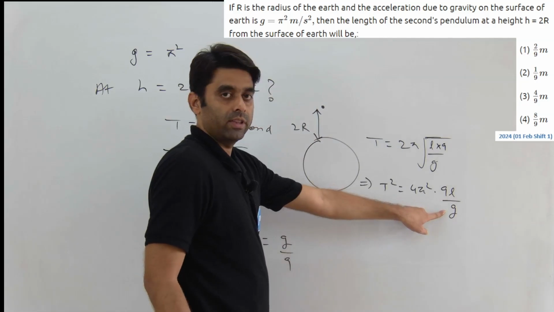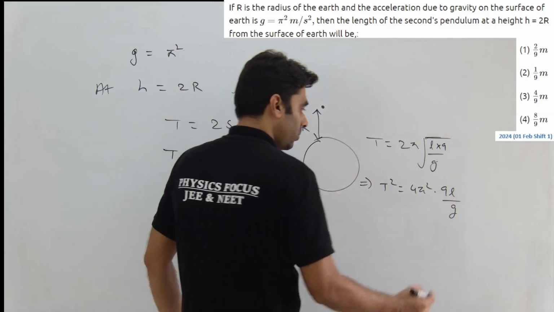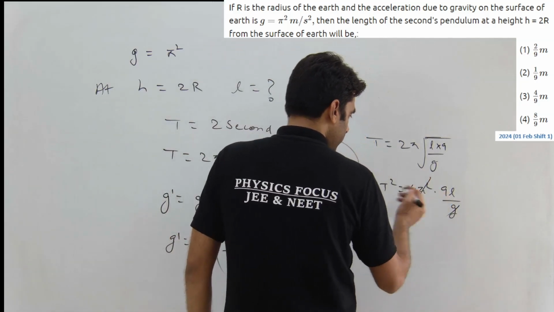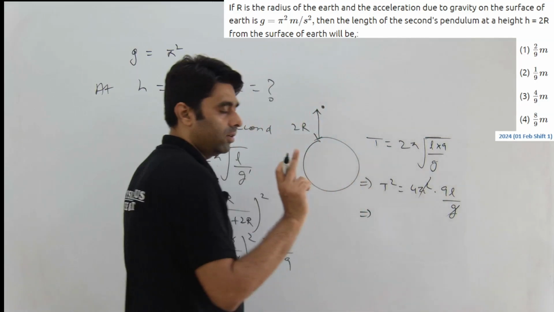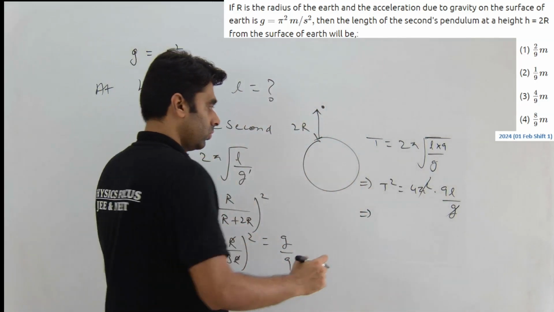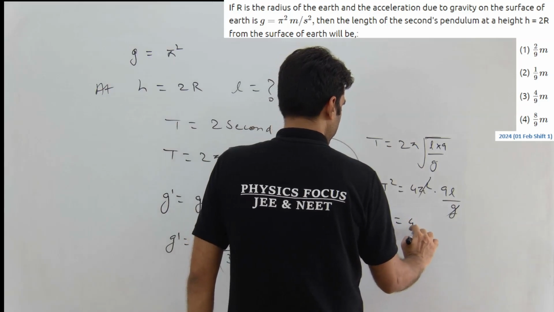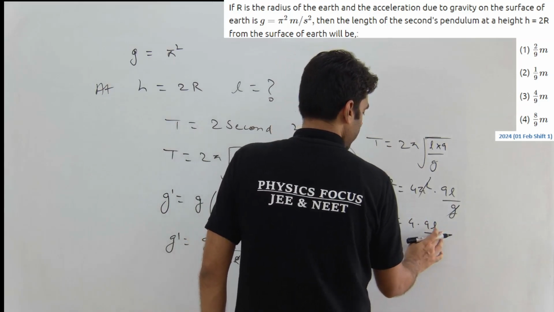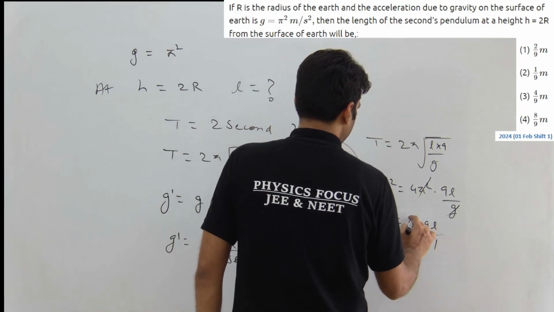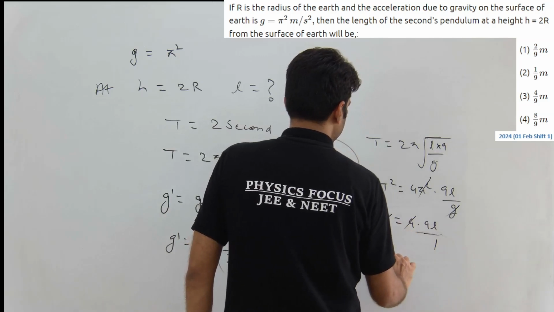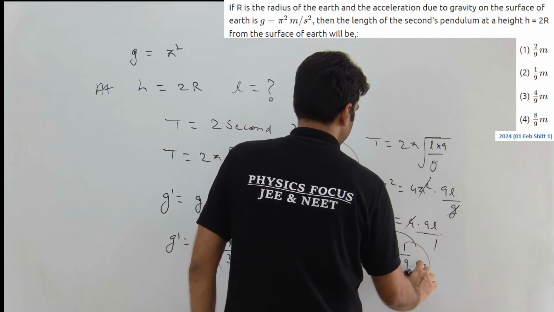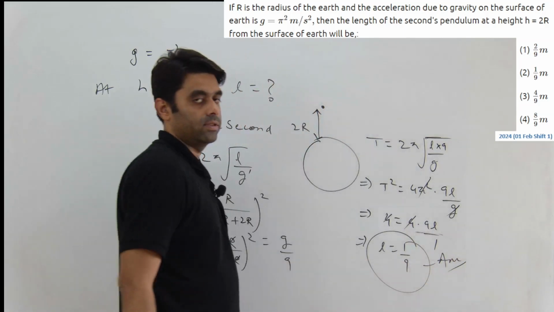In the question they have given that take g as pi square. So pi square and g cancel out. T square, time period of second's pendulum, is 2. So 4 is equal to 4 into 9L. 4 and 4 cancel. So L value comes out to be 1 by 9. 1 by 9 is our answer.